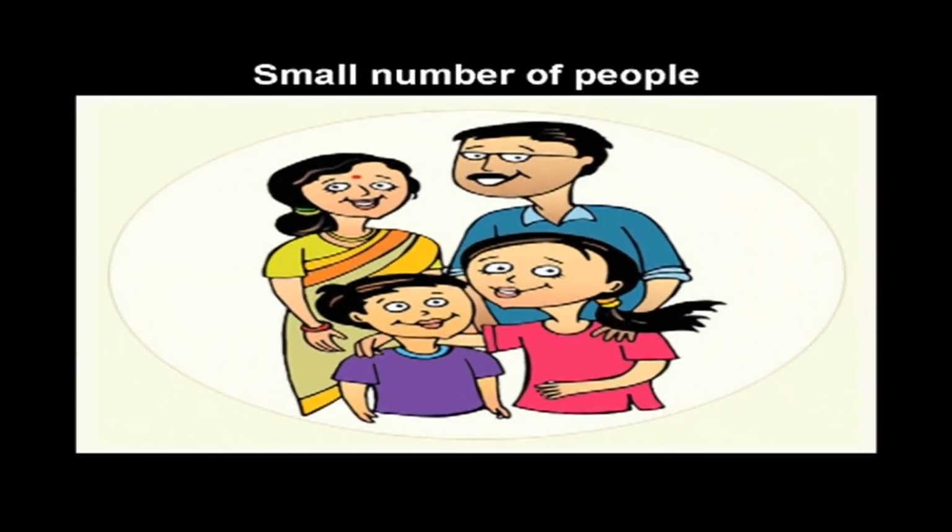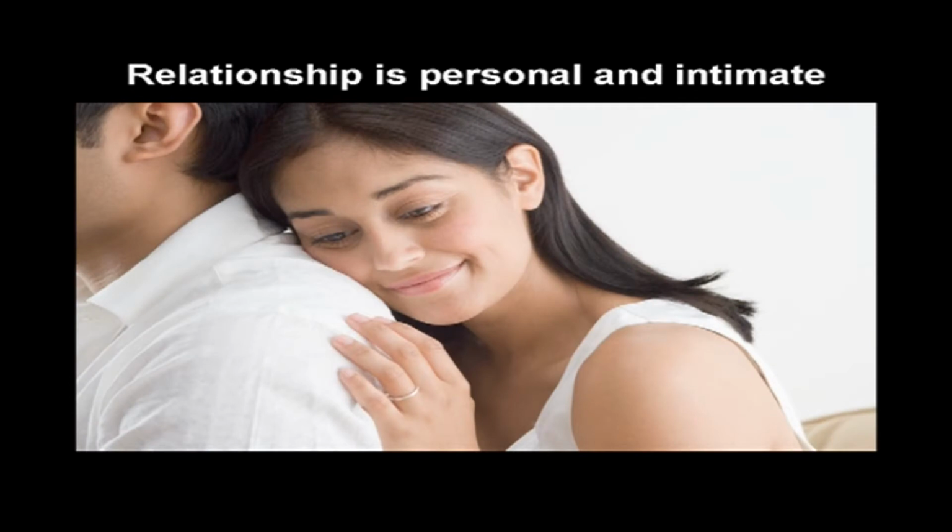Some of the characteristic features of primary groups are as follows. The first one is the size of the group. Normally, in primary groups, the number of people constituting the group is very small. Therefore, the first feature is a small number of people. The second one is that the relationship is personal and intimate in primary groups.